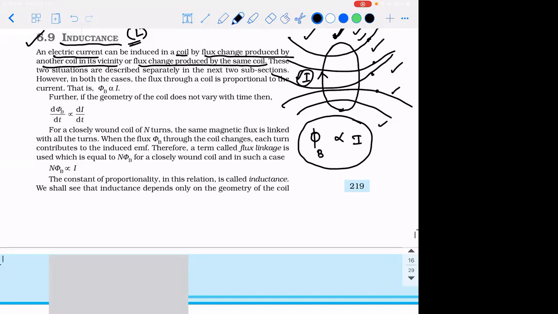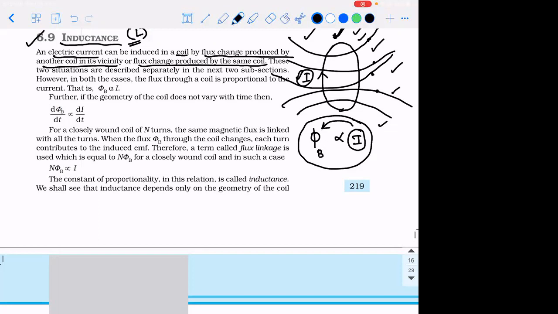As simple as that. But now listen to this carefully and tell me logically, if I am able to make this current change with respect to time, will I be able to change the flux also with respect to time? Yes, sir. Correct.